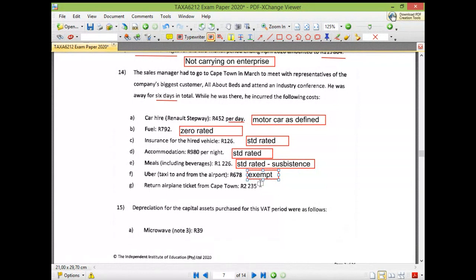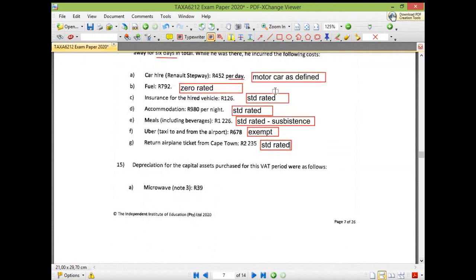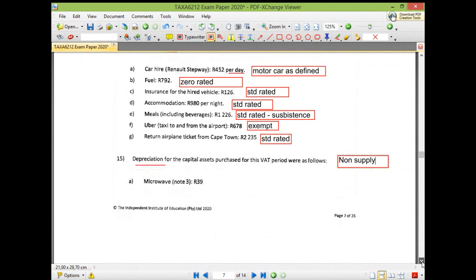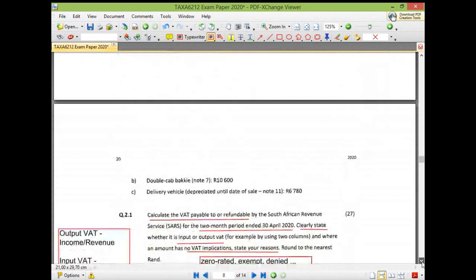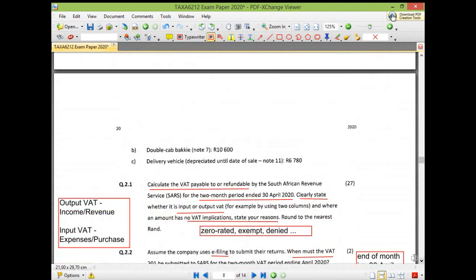And then your return airfreight ticket, this is a standard rated supply, because it's not by road or rail. And then they give you the depreciation for your capital assets. Now remember, depreciation is a non-supply. So you just indicate depreciation as a total amount rather than for each and every item.